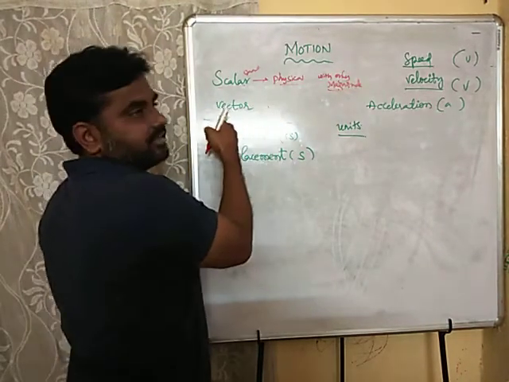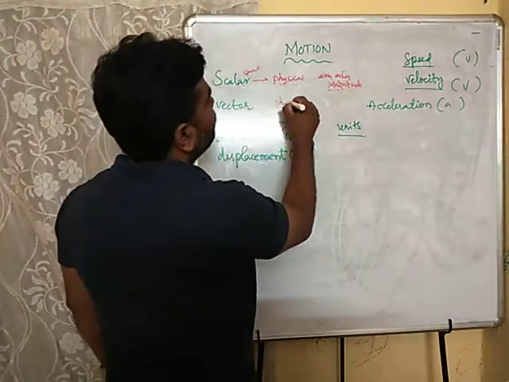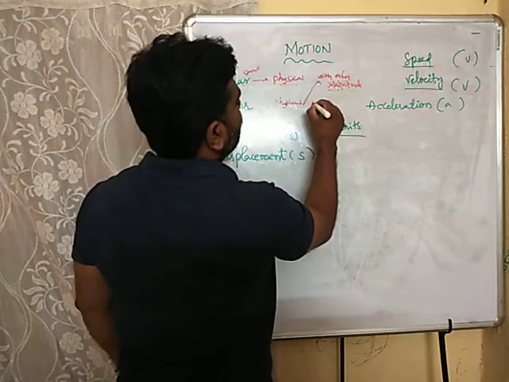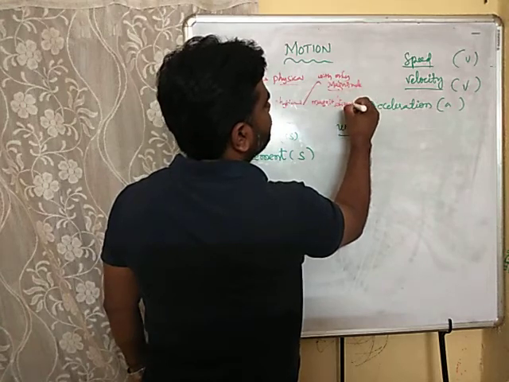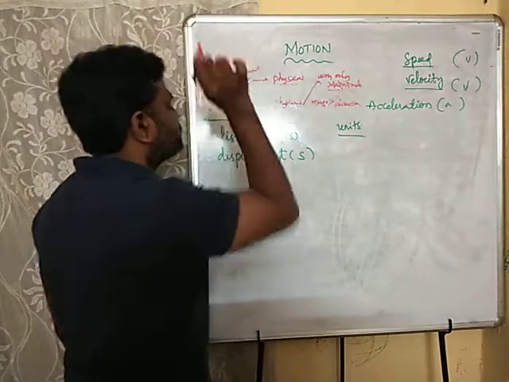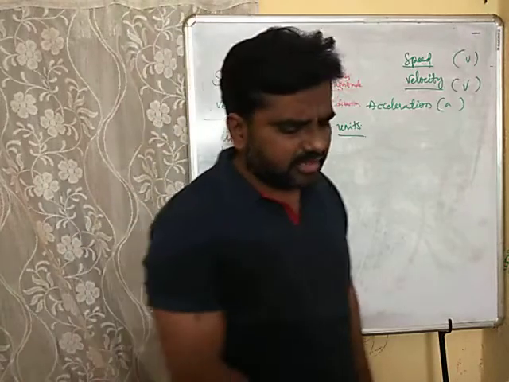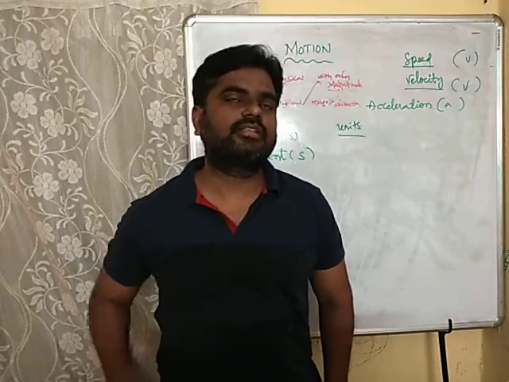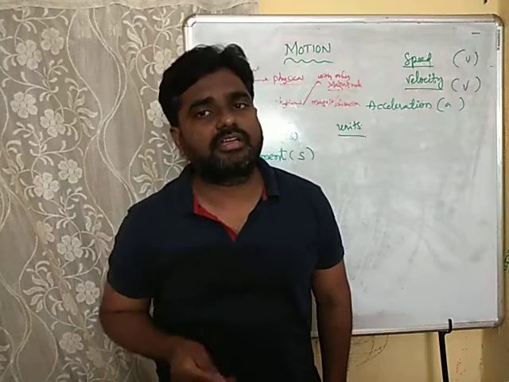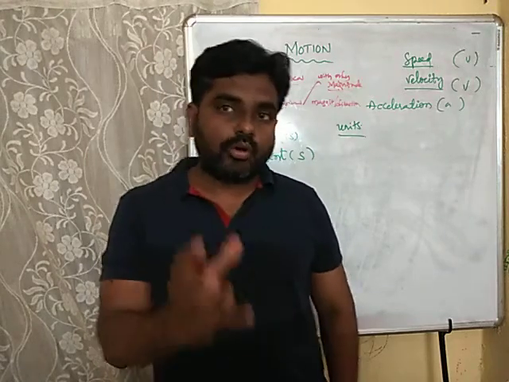Opposite to scalar is a vector. You can tell the answer now. Physical quantities with both magnitude as well as direction are known as vector quantities. So physical quantities are of two types: scalar and vector.